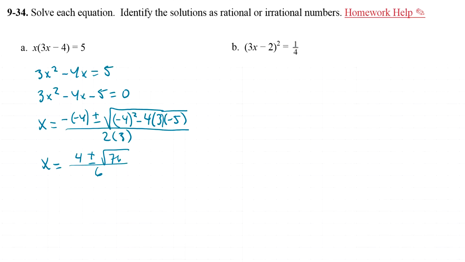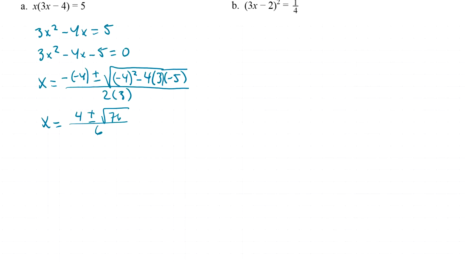Okay, so now this is where we simplify. The 76, I believe 4 goes into it, yeah. And so we're going to get x equals 4 plus or minus 2 square root 19 divided by 6.